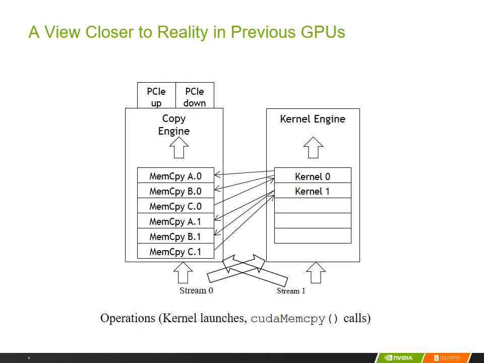This physical queue implementation that mixes the streams 0 and 1 will have some real implication in terms of the degree of overlap we can achieve with the code that we showed in the previous slide. In particular, when we look at the next timing slide, I want you to remember that the memcpy C0 is in front of the memcpy A1 in the physical queue.